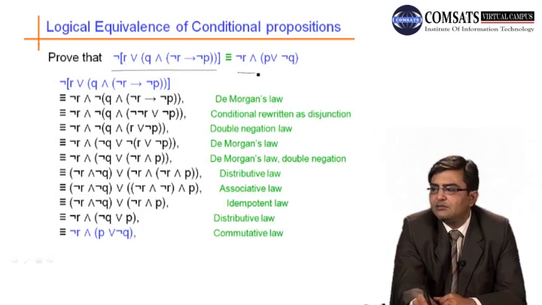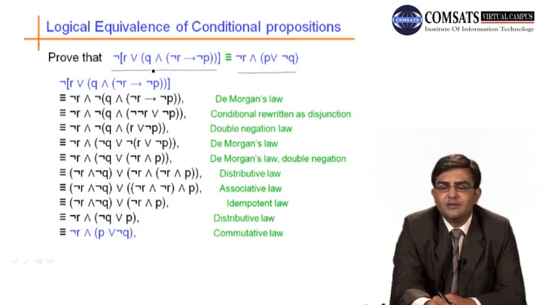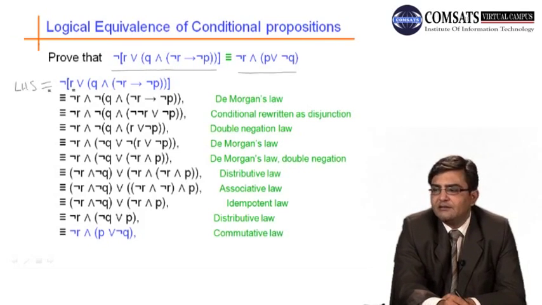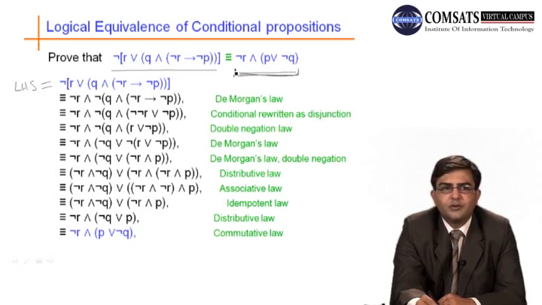We prove these two compound propositions the same way as before. So we take the left hand side, and we shall prove it logically equivalent to the right hand side compound proposition.